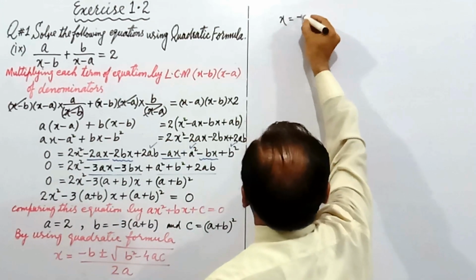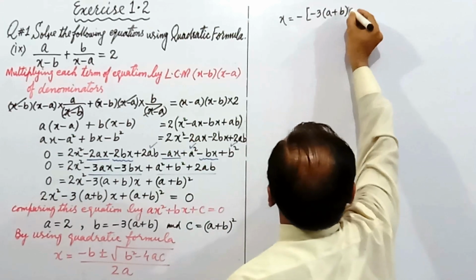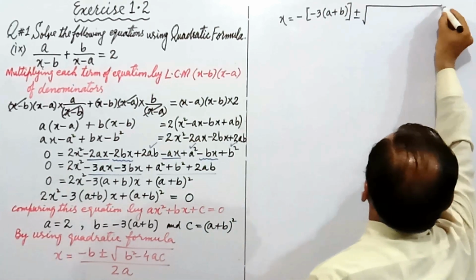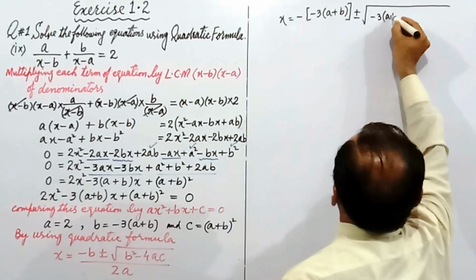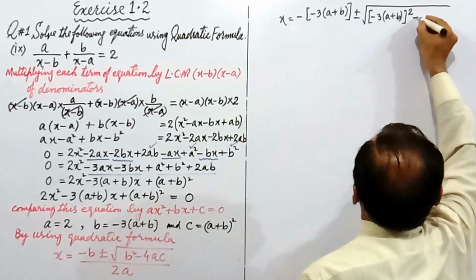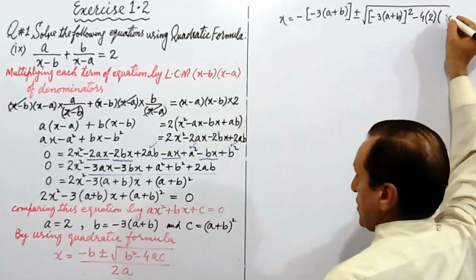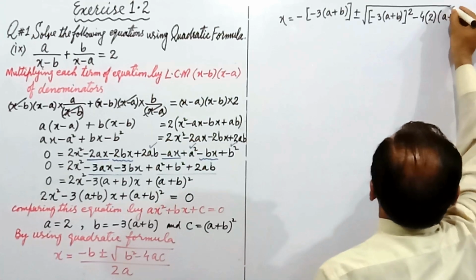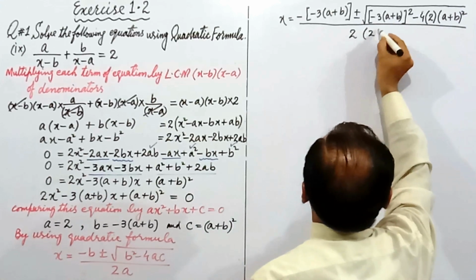x is equal to minus 3 into a plus b, the value of b, plus minus under root minus 3 into a plus b whole square, minus 4 into value of a which is 2 and value of c which is a plus b whole square, whole divided by 2 into value of a, that is 2.